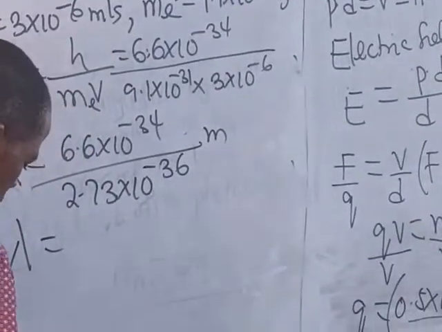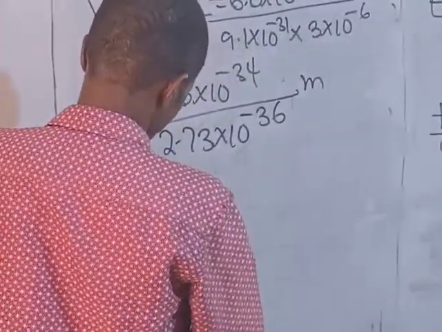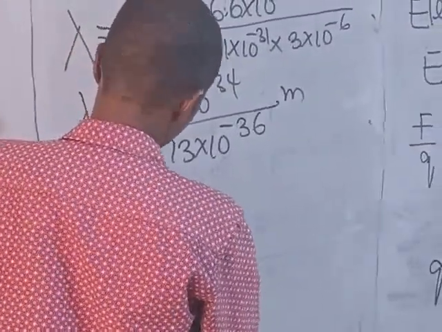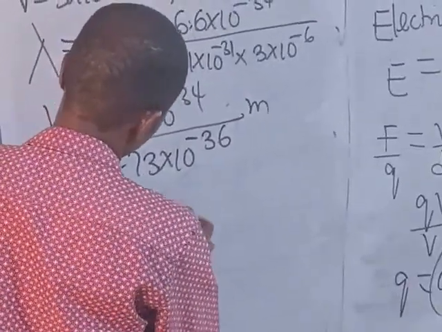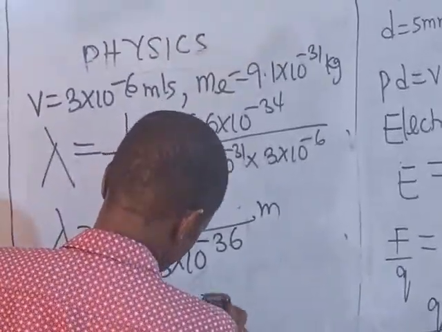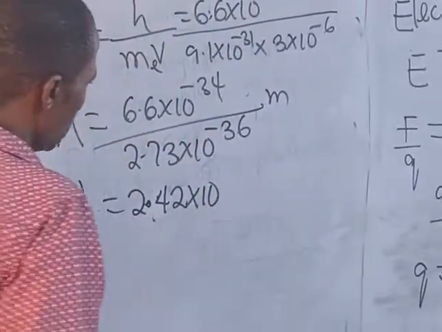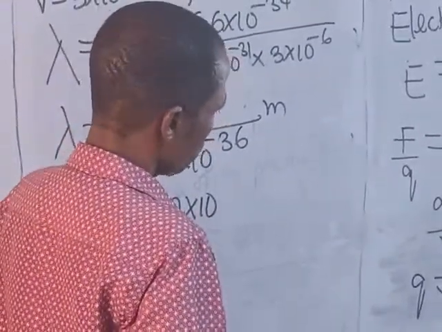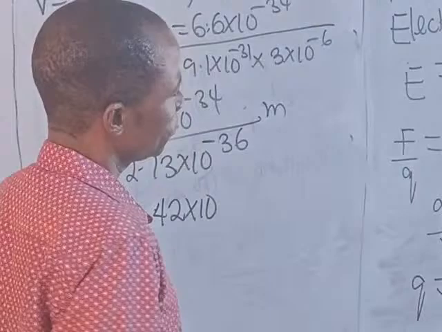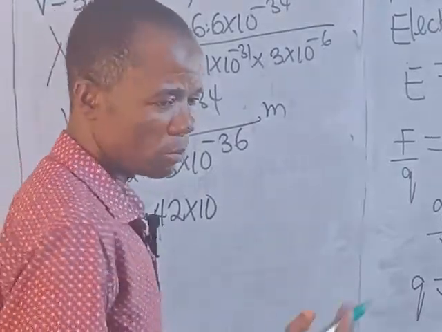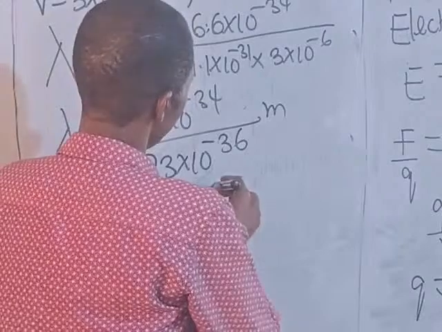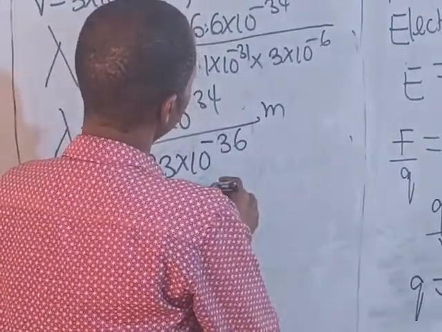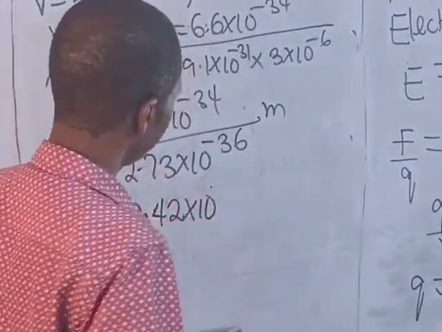And that gives us what? 2.42 times 10 raised to the power what? I assume you are doing it as I am.